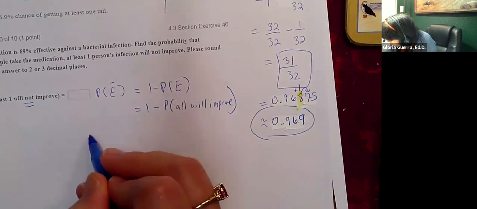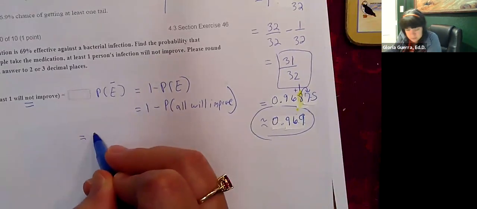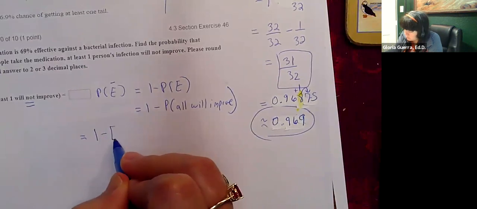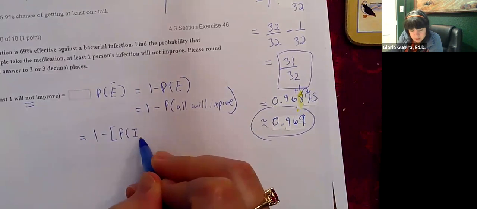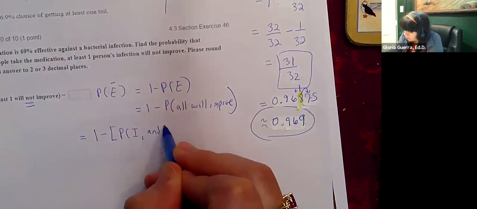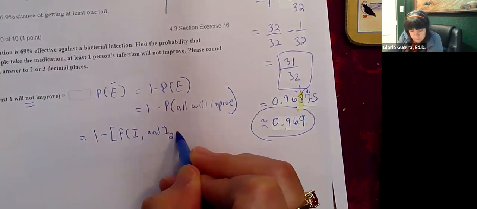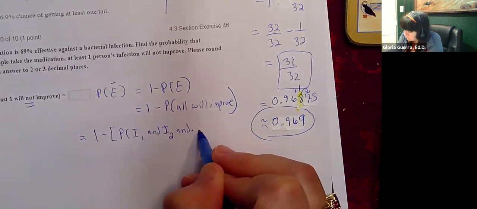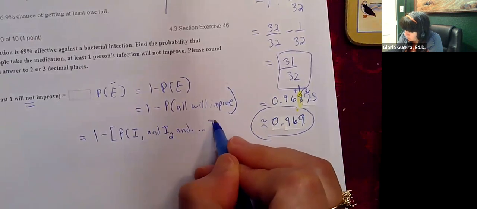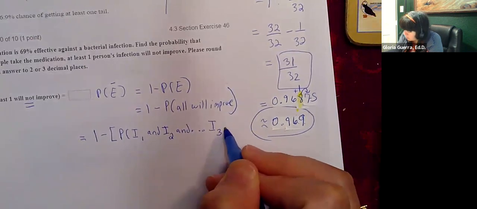So then this is equal to, come back over here, 1 minus, I'm going to put open bracket, probability, and I'm going to put the definition I1 and I2 and dot, dot, dot, I3.